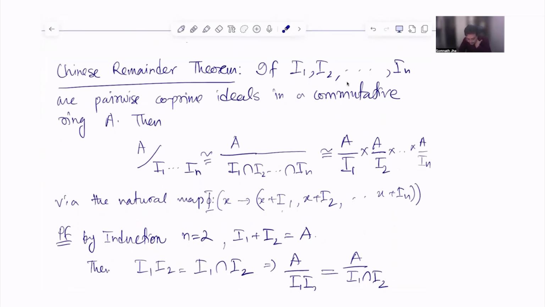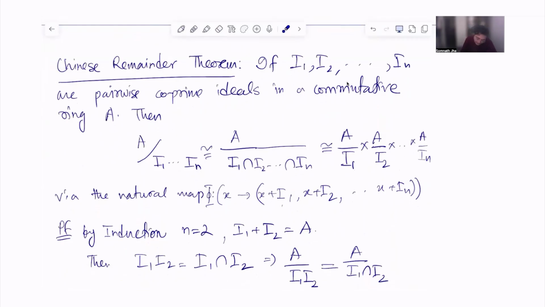Actually, the first one is an equality, since they are pairwise coprime or co-maximal: we just saw that if two ideals are coprime, then their product I1 times I2 is equal to I1 intersection I2. So A mod I1I2 is equal to A mod I1 intersection I2.